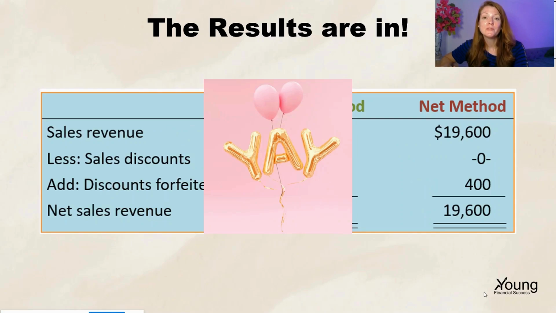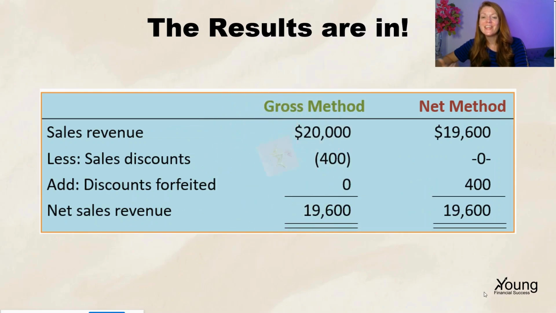So let's look at the results with these two methods. The results are in, yay! With the gross method, the way we just saw it, they had $20,000 in sales revenue. Like, yeah, sure, they're not going to take the discount. But then when they did take it, we debited sales discounts, which reduced our net sales revenue to $19,600. In the net method, they just kept the $19,600. They didn't have any sales discounts. Then we have this little 400 popping up under the net method.